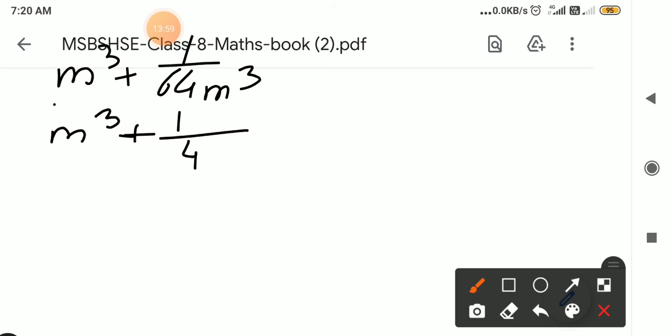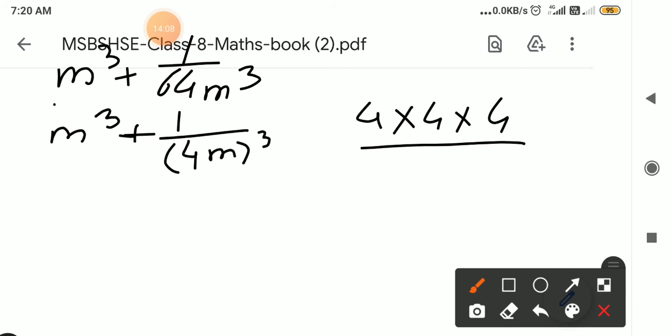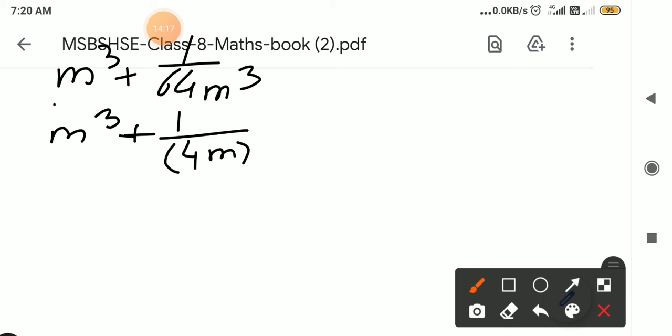It is the cube of 4, how we find the cube: 4 into 4 into 4. Instead of writing 4 three times, you write 4 cube. That was over for you last year. Now here what is coming? m cube plus 1 upon (4m) cube.